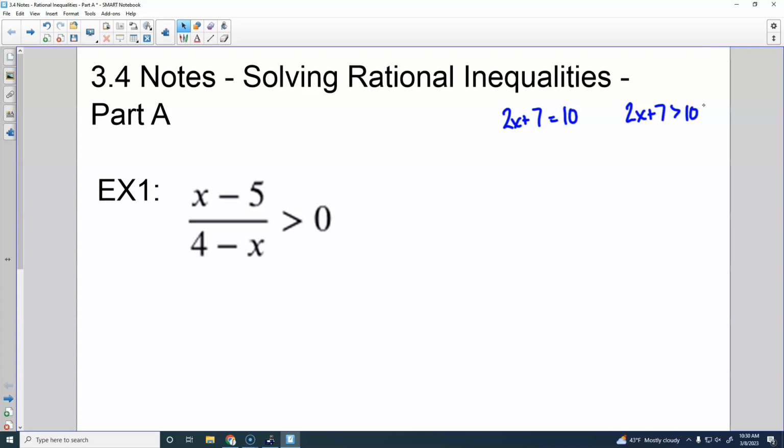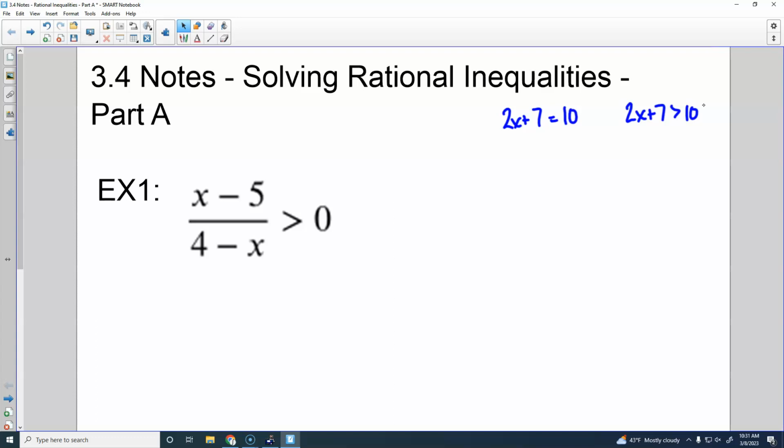And then we would finish solving, because all we care about there is when we have something that's equal to that value. With less than or greater than, that denominator affects the sign of your answer, whether it's positive or negative. So the denominator cannot be marked out in these. So what we're going to do is going to be quite a bit different.